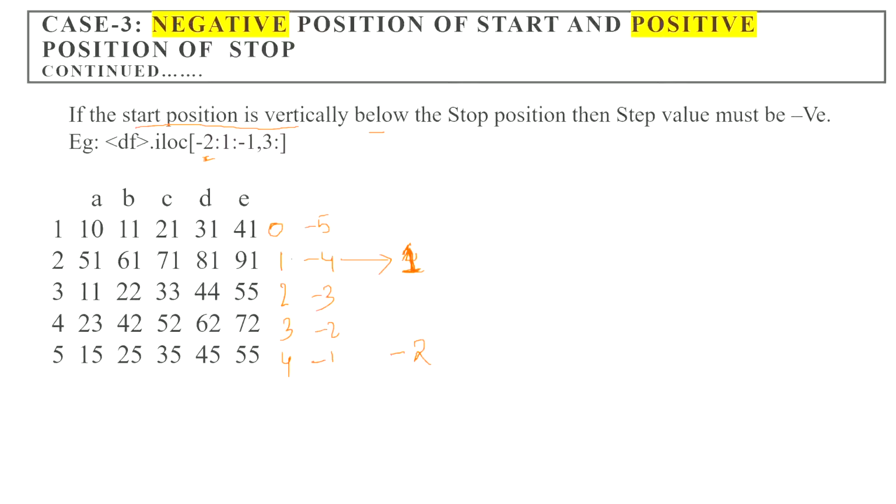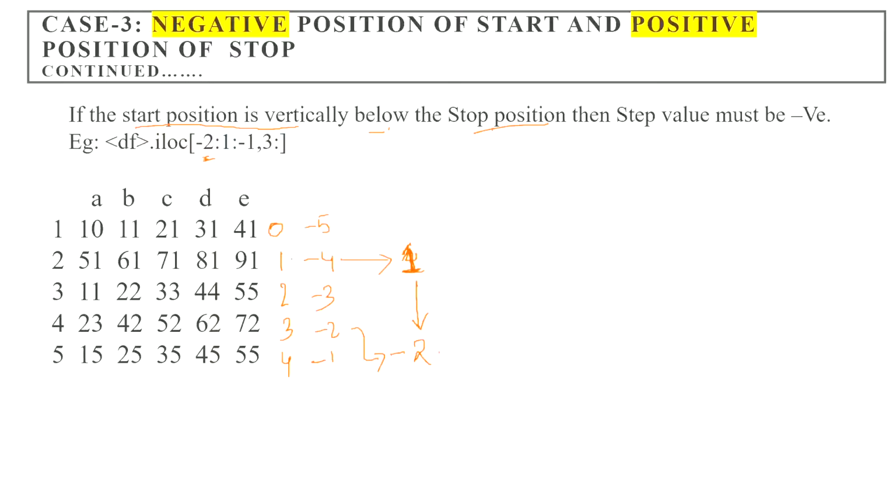Now, what is the start position? -2. So where is -2? Here. Now see what I said, the start position is vertically below. So see, -2 is below 1. Okay, vertically below. Stop position is vertically before the start position, right?